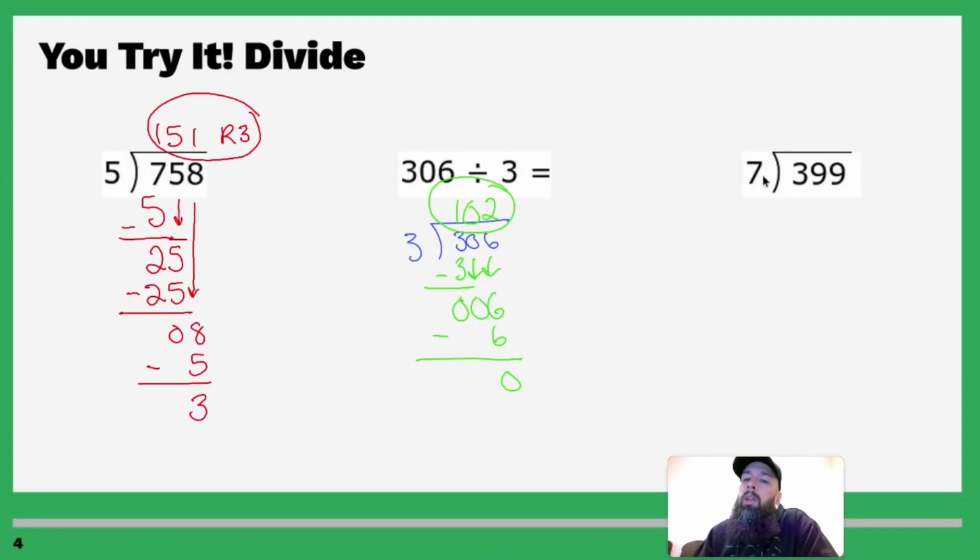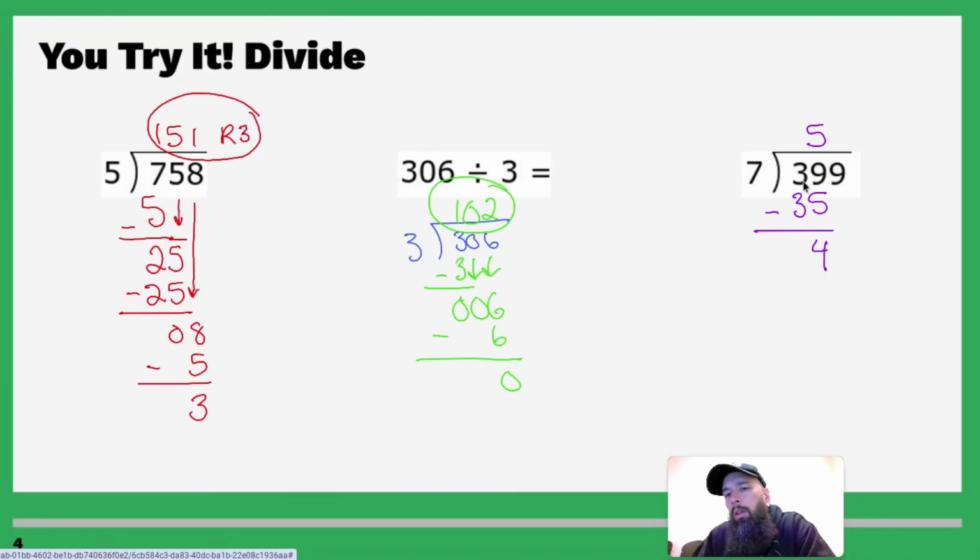Let's do it again. 7 goes into 3, no times. 7 goes into 39, 5 times. 5 times 7 is 35. Subtract the numbers. 39 minus 35 is 4.